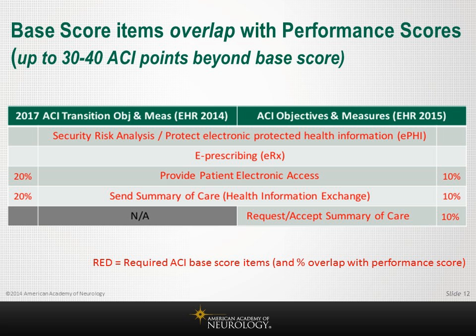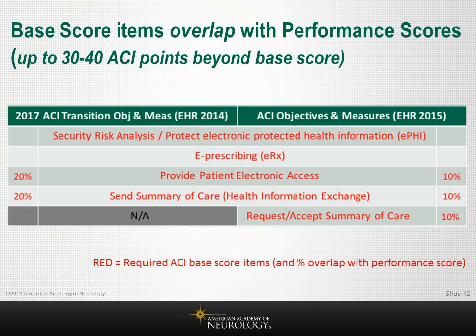Here are the base score items that overlap with the performance score items. These 5 rows correspond to the exact same items that Dr. Yu discussed 2 slides ago. Only now you can see on the bottom 3 items, on the far left and on the far right, there are numbers which correspond to how much performance score you can also achieve. The base scores are scored based on whether you did at least one of each of those things.